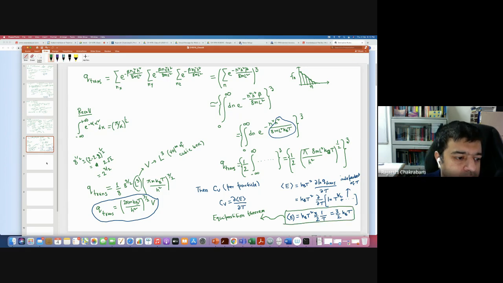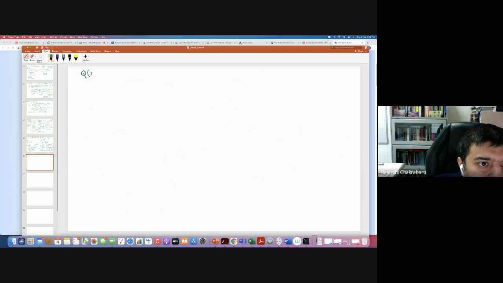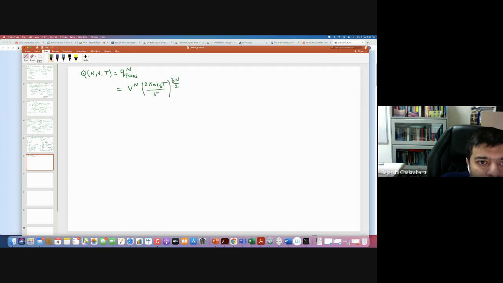Then for the big system, your partition function is given by q trans to the power of N. Essentially you get something like V to the power of N and then 2 pi m kBT by h square.